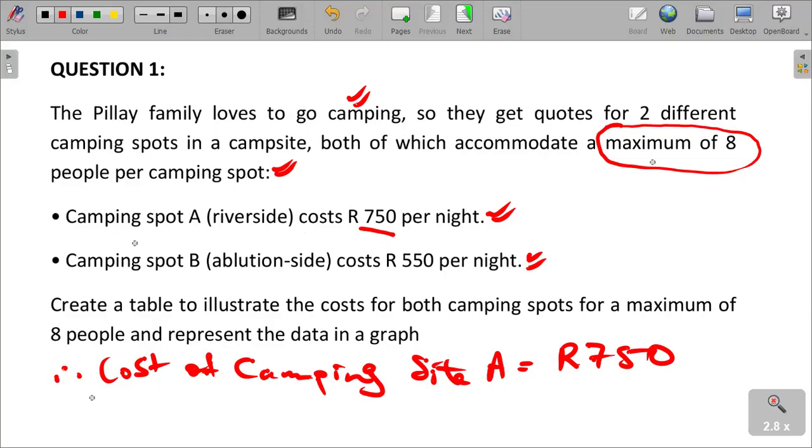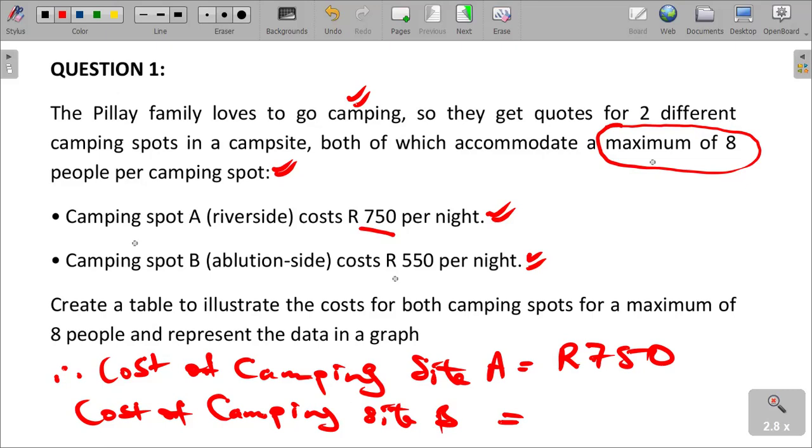And then cost of camping site B. How much is it? It is also given here.